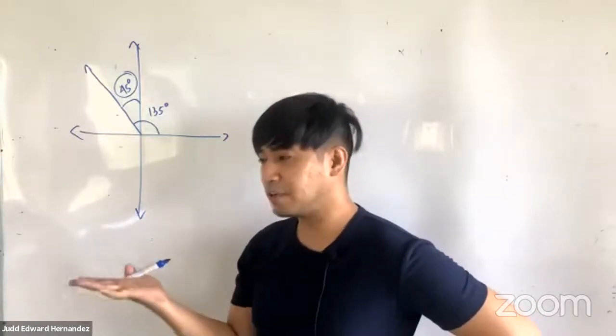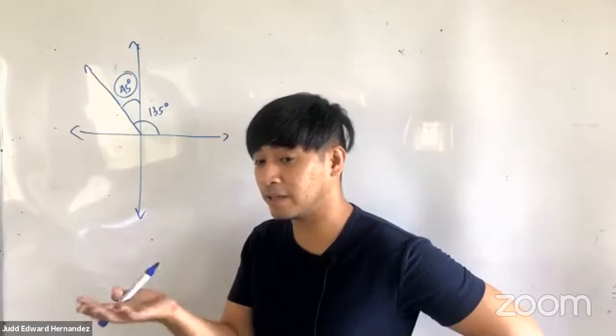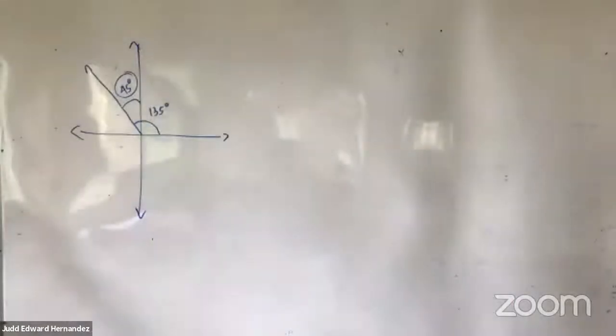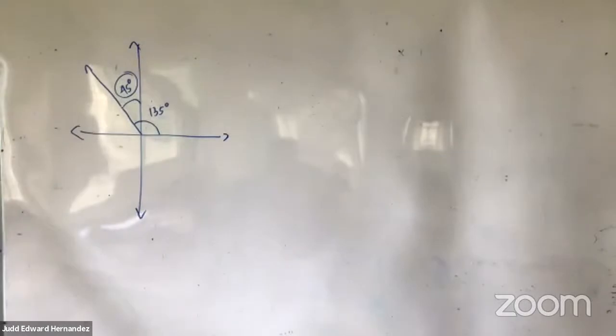But then when we say reference angle, it should be in standard position with respect to what axis? X or Y axis? Anong sabi natin kanina dun sa definition natin ng reference angle? Balikan natin.